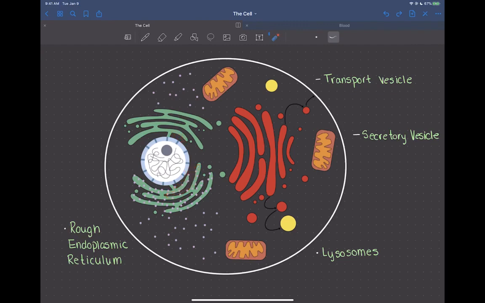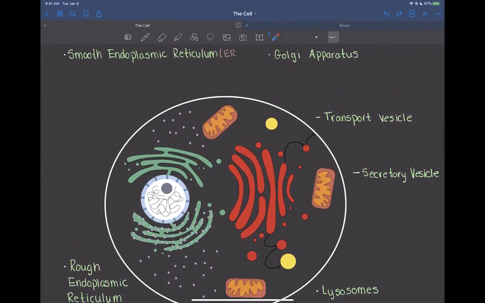A lot of times these are actually going to be connected to each other, interacting with each other, and there are these little bits of membrane that will pinch off and move from here to the next one, or from here to another organelle. So that's the endoplasmic reticulum, the ER.